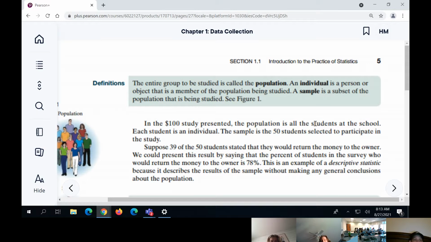A parameter is a variable used in a population equation, and it is usually a Greek letter. A parameter is a variable used in a population formula, usually using Greek letters.